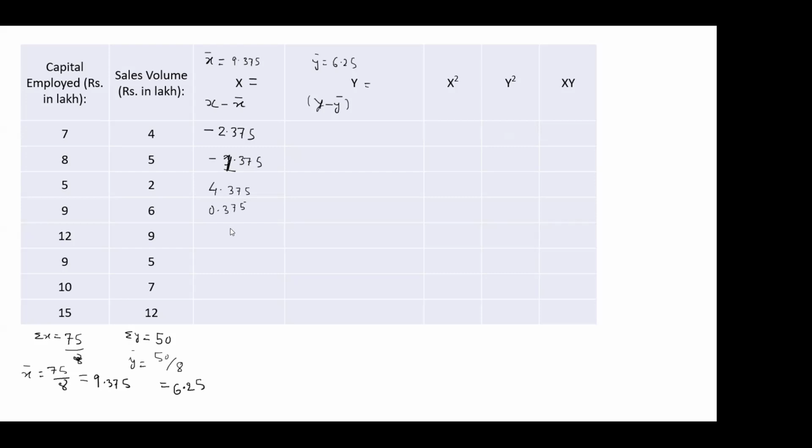Next, 12 minus 9.375 is 2.625, then 9 minus 9.375 again gives minus 0.375, then 1.375, and 15 minus 9.375 gives 5.625.